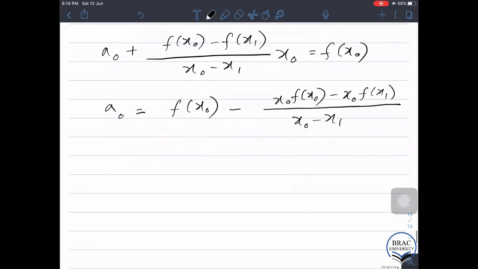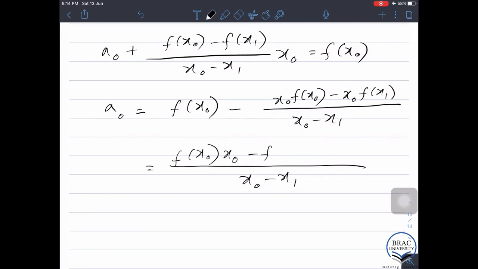Okay, now we have to do some algebra. So if you do that, x0 minus x1, then you have this f of x0 into x0 minus, okay, let me write it in the same order so that it's easier for you to understand.